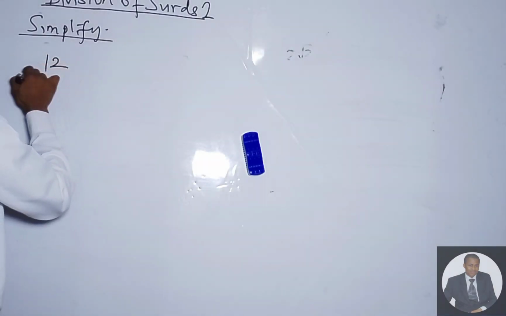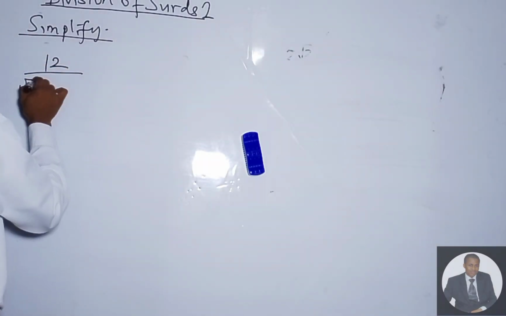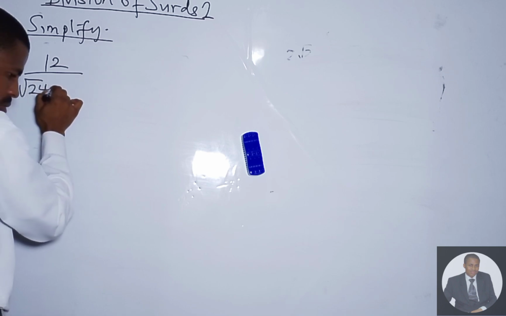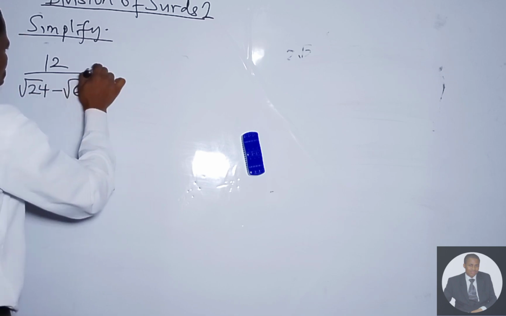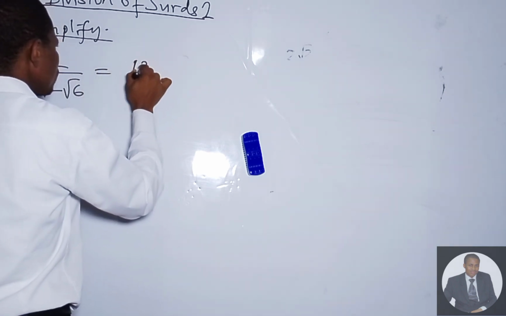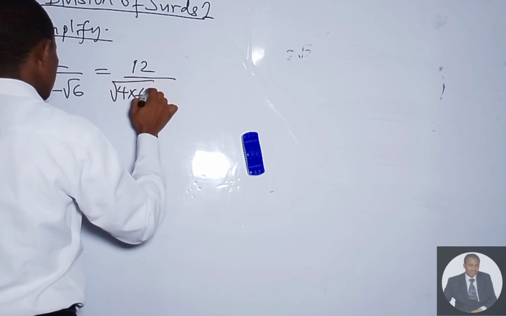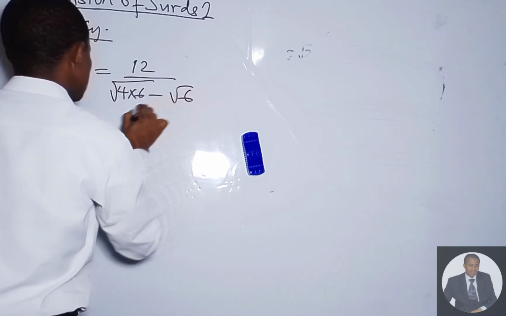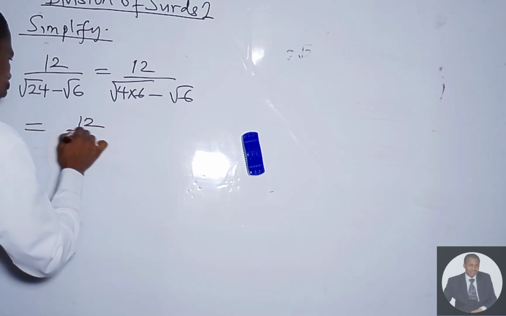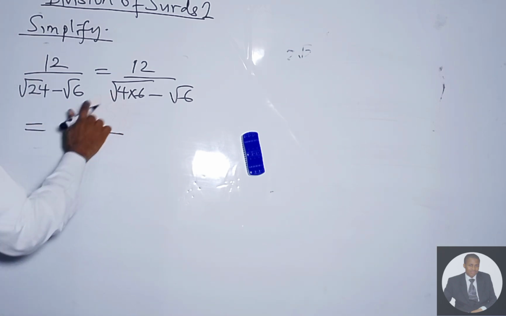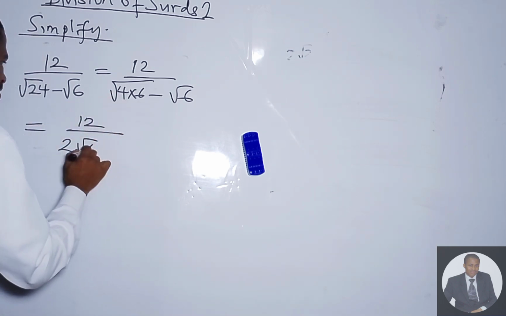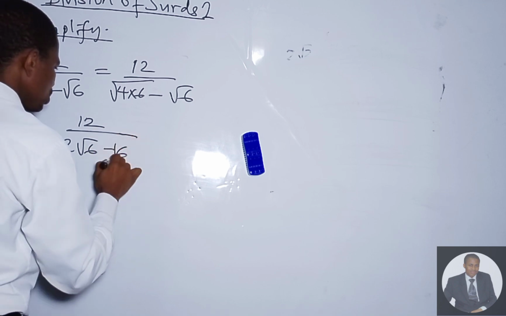We have 12 over root 24 minus root 6. This is the same thing as saying 12 over root 24, which is root 4 times 6, minus root 6. 12 over the square root of 4 is 2. So we have 12 over 2 root 6 minus root 6.